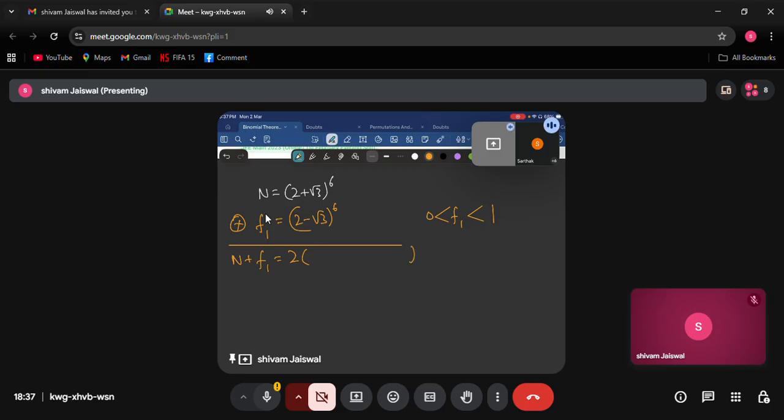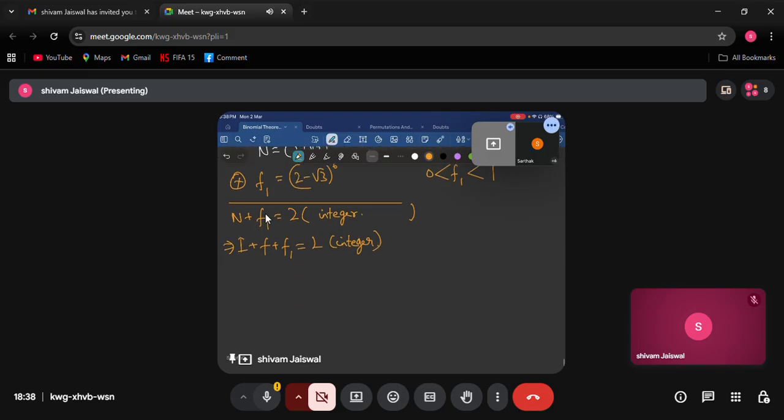Something an integer, right? Yes, sir. The right hand side is an integer. And what is n? n is i plus f. i plus f plus f1 is equal to 2 into some integer part. Now the left hand side is an integer, the right hand side should also be an integer, right? Yes, sir. So f plus f1 belongs to integers.